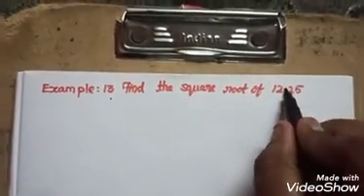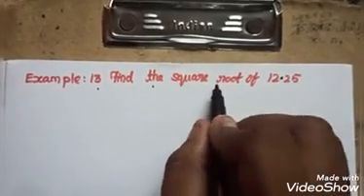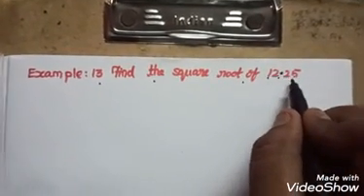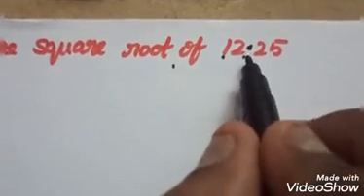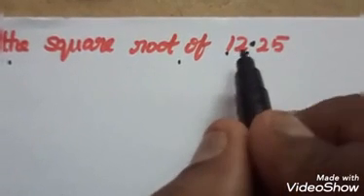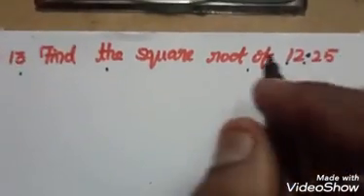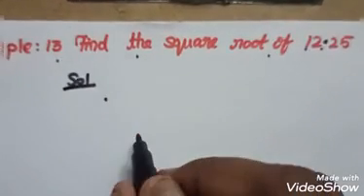Now we have to explain example number 13, how to find the square root in a decimal number. Find the square root of 12.25. Already you know how to pronounce the decimal number: 12.25. In the decimal part, you must pronounce single digits only. So directly we go to the solution, the long division method.